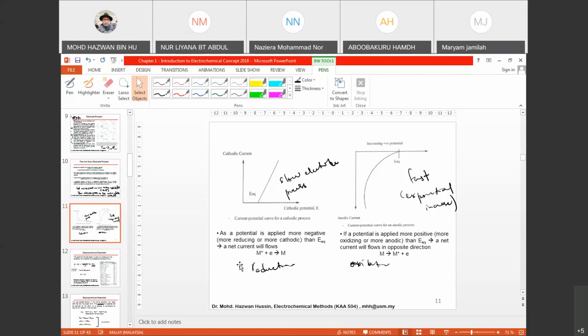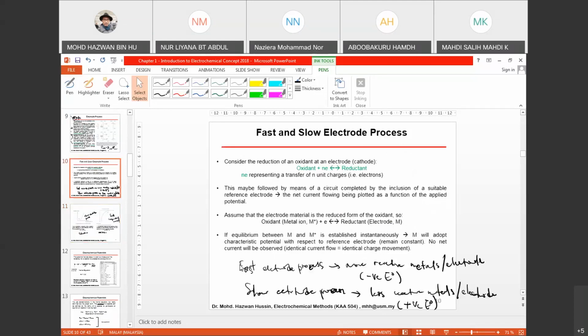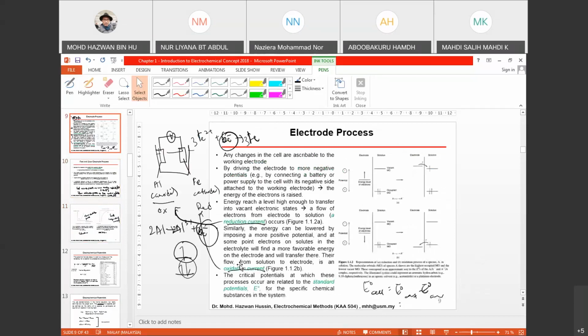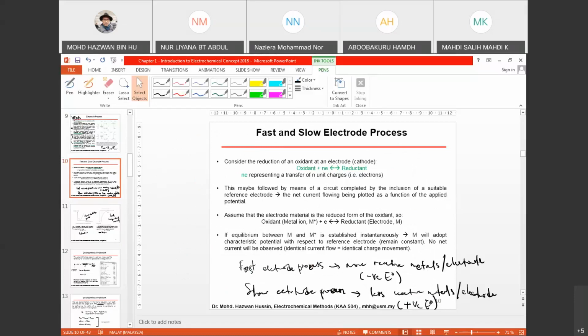Doctor, before this slide you mentioned that the more reactive is fast, but here you said anodic is fast. Here you wrote fast electrodes, more reactive. That means cathodes.